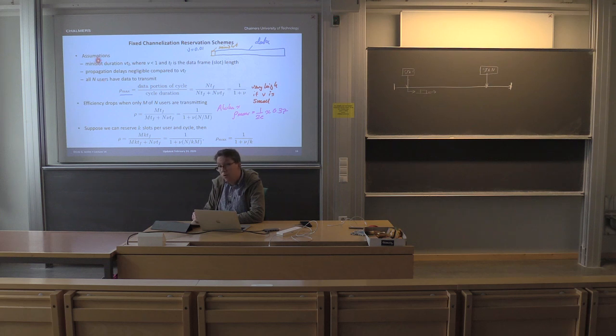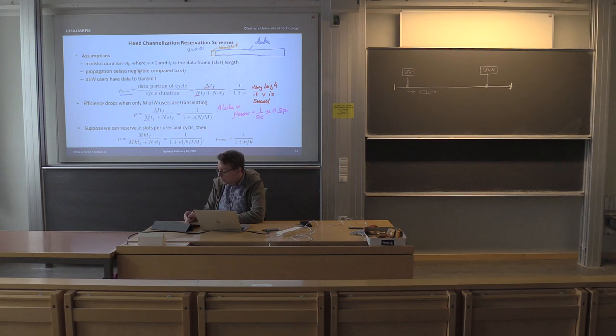So what happens if we relax some of these assumptions? Then we will see efficiency actually decreases. Efficiency drops if only m out of the n users are transmitting, because in this case we have m here instead of n, otherwise it's the same equation.